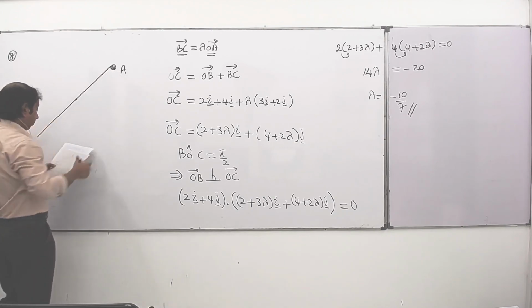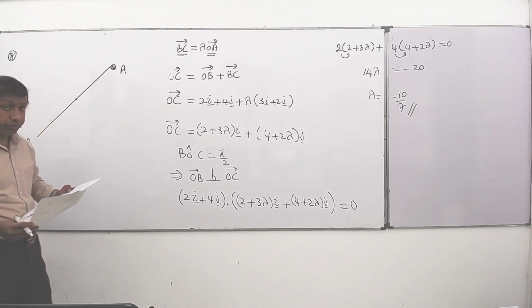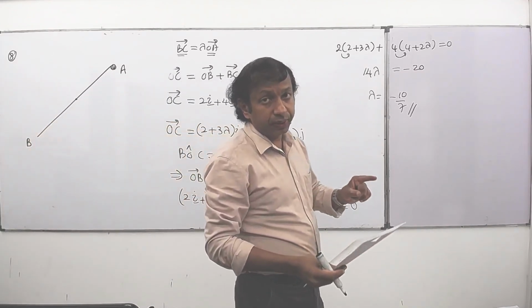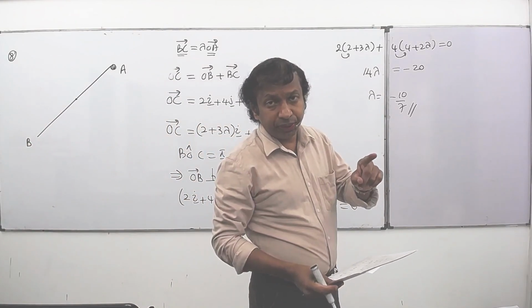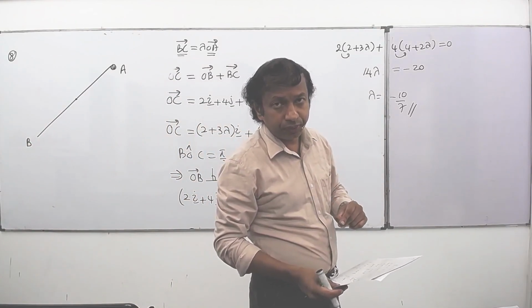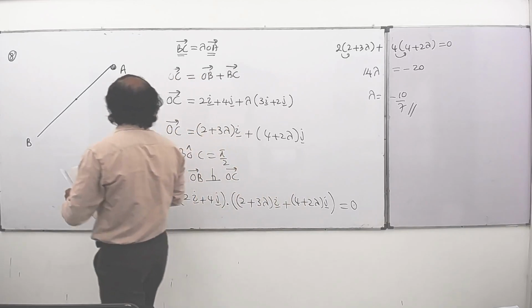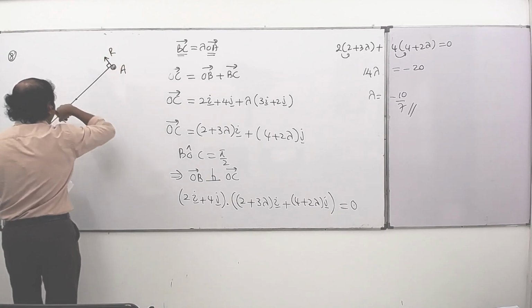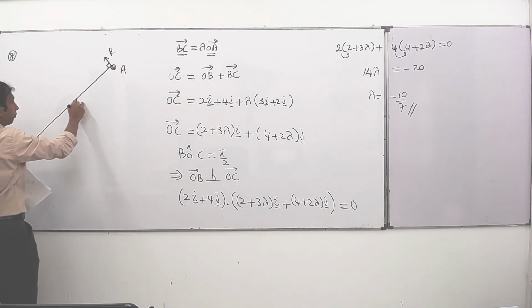Here this is a peg, a smooth peg. The reaction by the peg is perpendicular to the rod, R suppose, this way. Perpendicular to the rod. I'll assume the weight as W.